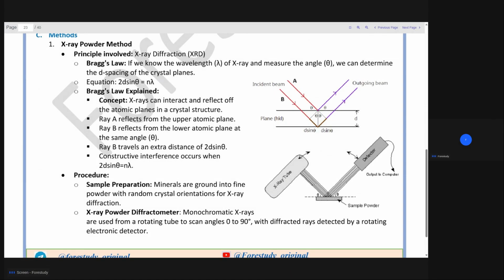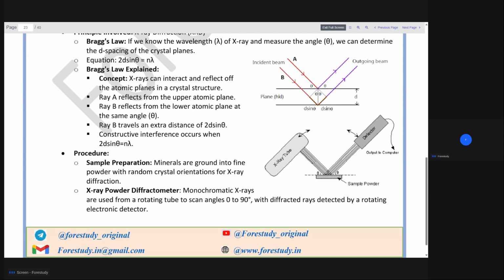Now coming to the topic, Bragg's law. We have explained what Bragg's law is. You can see here the incident light coming in and then outgoing. X-rays can interact and reflect off the atomic planes in a crystal structure. Ray A reflects from the upper atomic plane. Ray B reflects from the lower atomic plane at the same angle, theta.